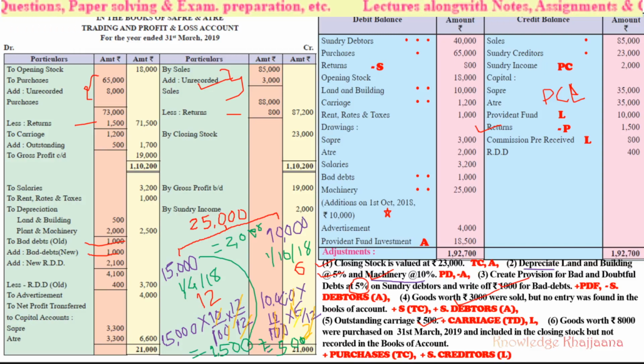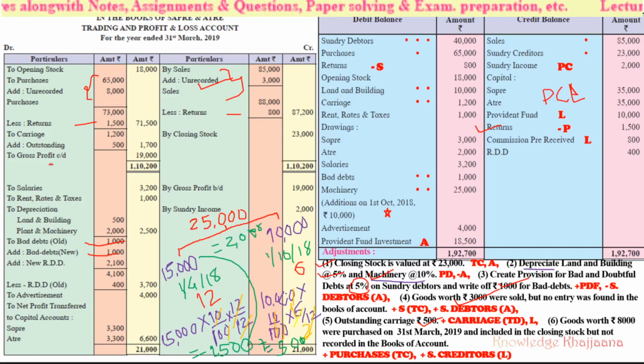So by this we have completed the posting for the trading account and profit and loss account, and from the adjustments we can calculate the gross profit now. At least we can calculate the gross profit now. See, what all the things we have recorded, the total of the credit side of the trading account is rupees 1,10,200.